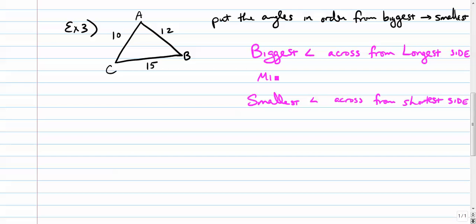And of course, the same goes for the middle. You can fill in the rest.